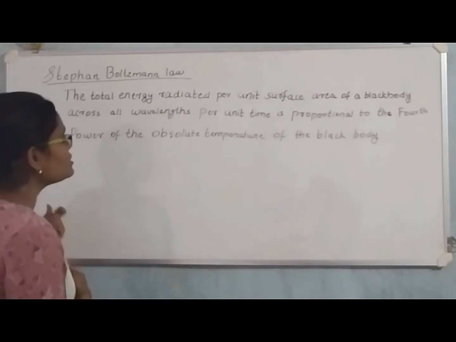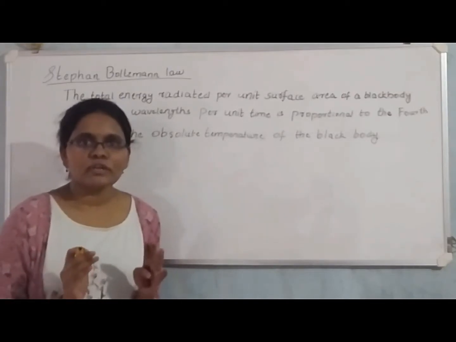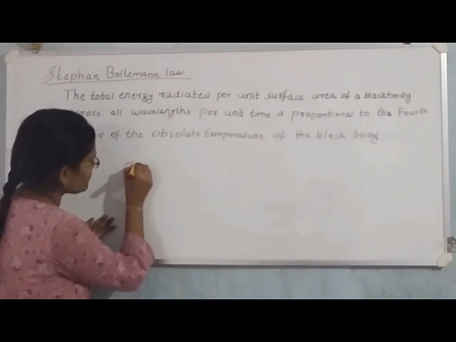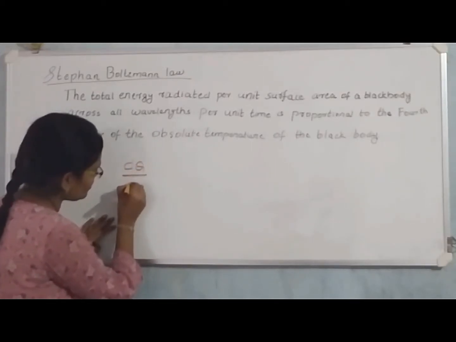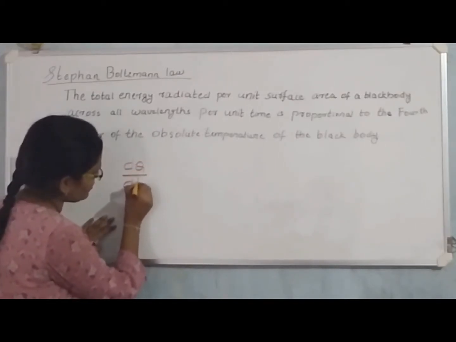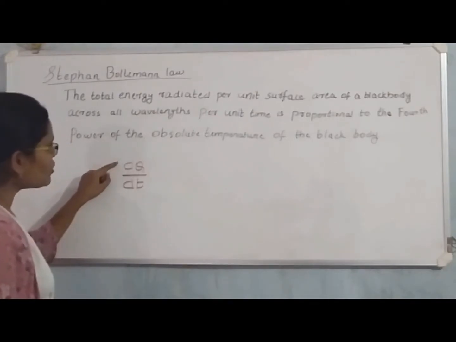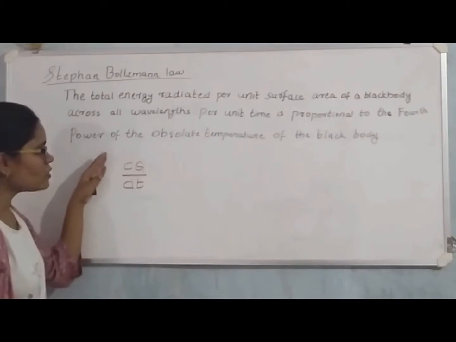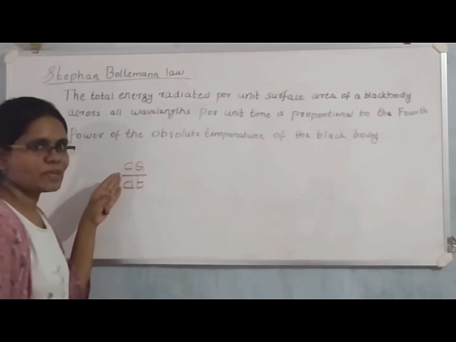So let us represent the energy emitted by a black body per unit time as dq over dt, where dq is the amount of radiation emitted by a black body and dt is the time interval. You can also call this the rate of emission of a black body.